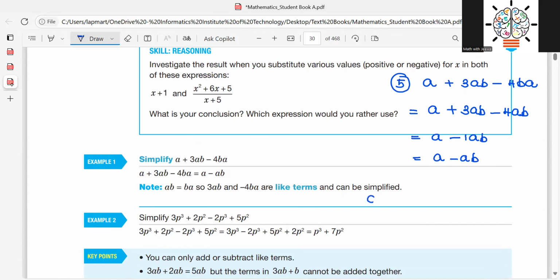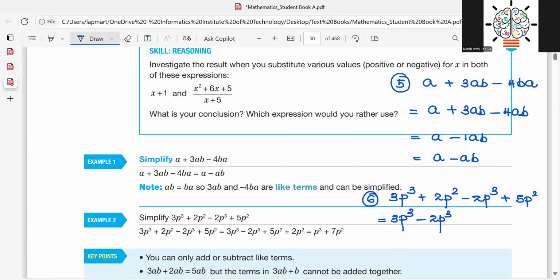So then we will move to the next example. Example 6: you have 3p to the power 3, then 2p to the power 2, minus 2p to the power 3, plus 5p to the power 2. So then I rewrite 3p to the power 3 minus 2p to the power 3 closer.